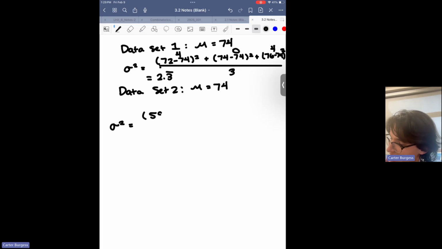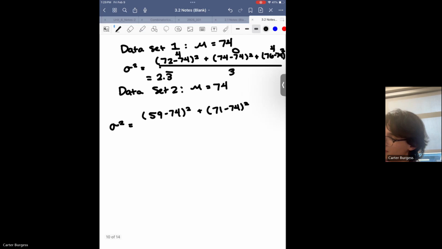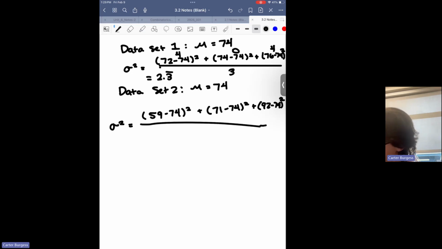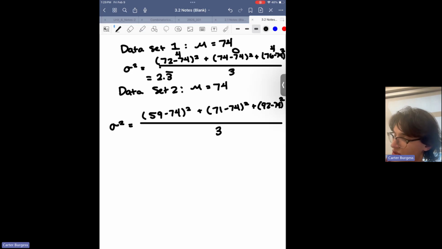In this case, we see 59 minus 74 squared plus 71 minus 74 squared plus 92 minus 74 squared, all divided by, again, 3. 59 minus 74 is 15 squared is 225. 71 minus 74 is -3 squared is +9. 92 minus 74 is 18 squared is 324.